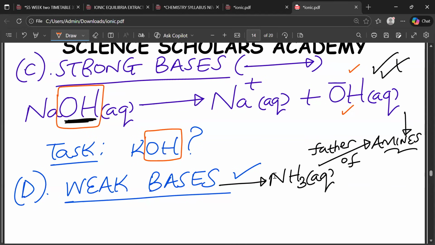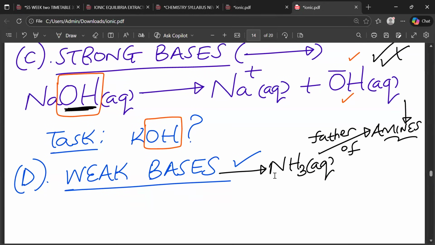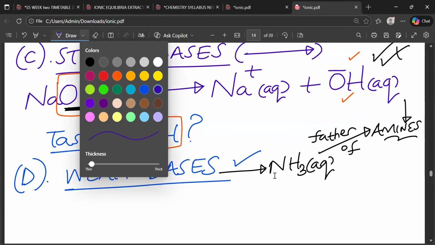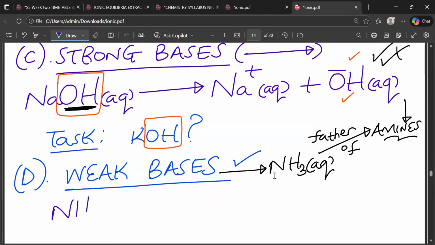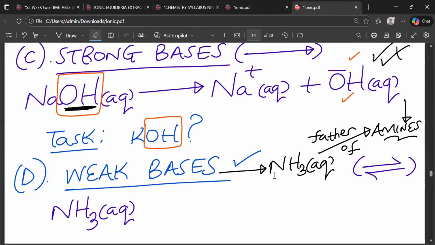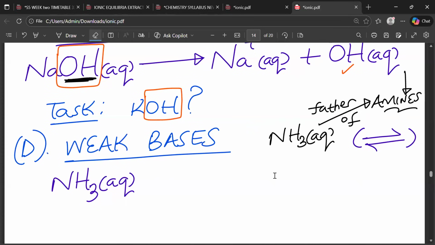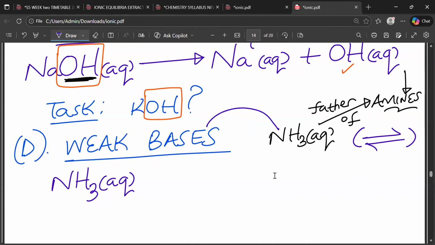But now look at a weak base like ammonia. We also expect hydroxide ions from it. But let's assume ammonia wants to copy what sodium does. This is our ammonia, aqueous. But remember, it is weak, so I don't want you to forget that we are supposed to use partial arrows.